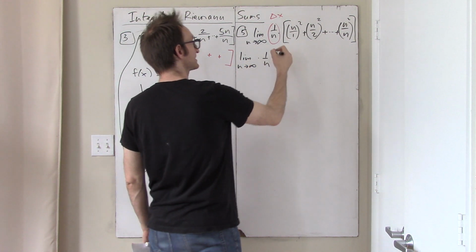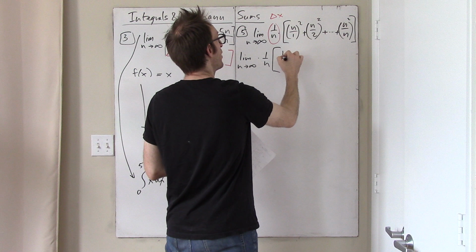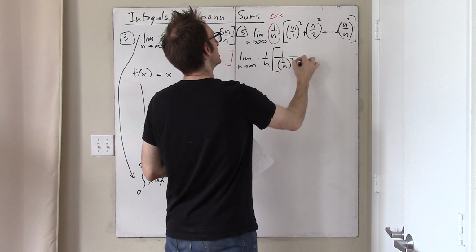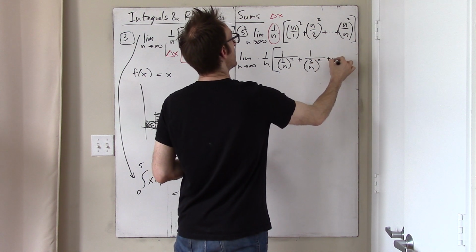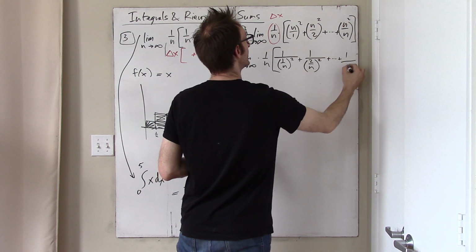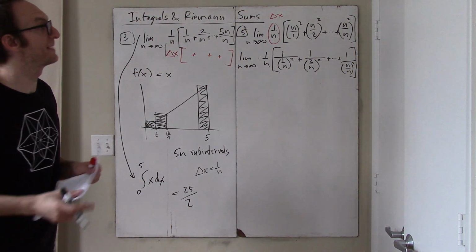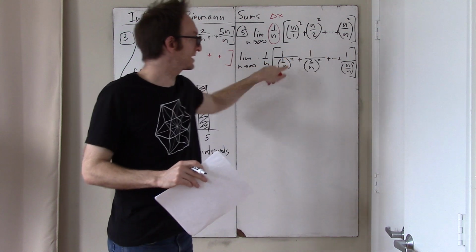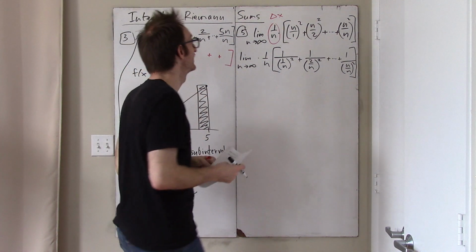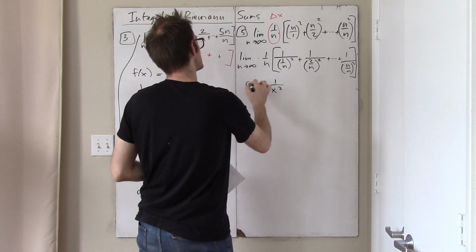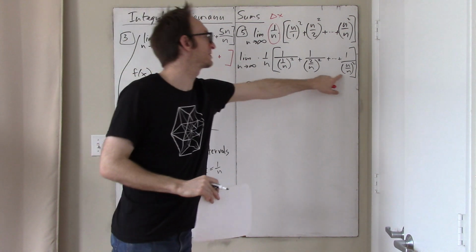If I rewrite this slightly, instead of n over 1, if I write it as 1 over n plus 1 over 2 over n, which is of course legitimate, all the way up to 1 over n, then I think I understand what's going on, which is that these numbers, which I'm adding up n of, are in fact the values of the 1 over x squared function evaluated at 1 over n, 2 over n, and so on.